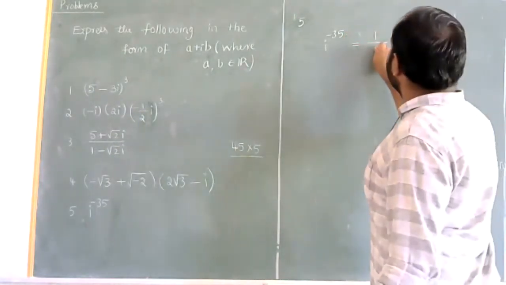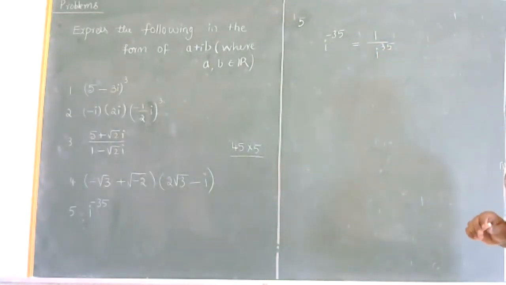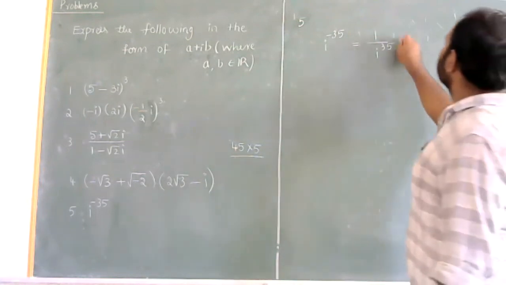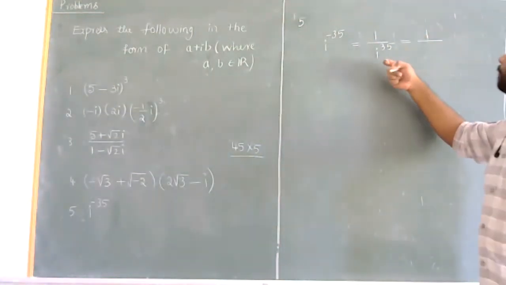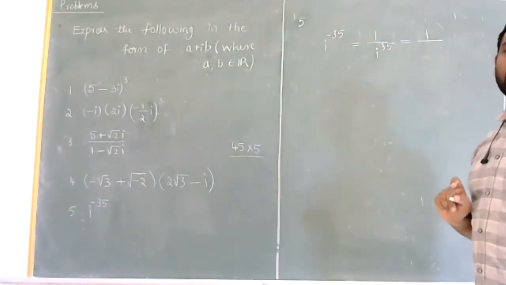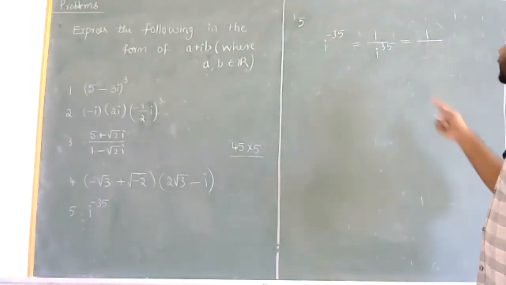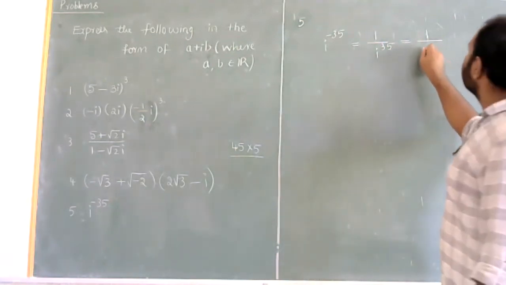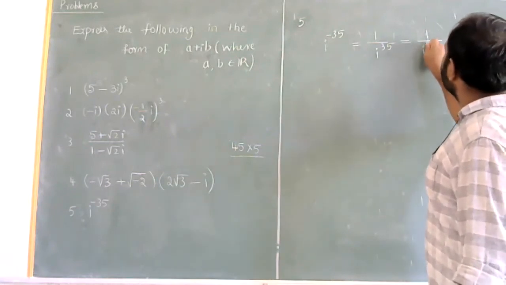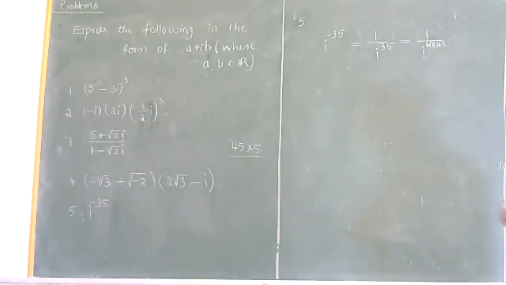So it will be 1 divided by i power 35. Now we have to solve i power 35. To solve a non-negative power of i, you have to divide the power by 4. So 4 8s are 32, so I can express this as 4 8s are 32 plus remainder 3.